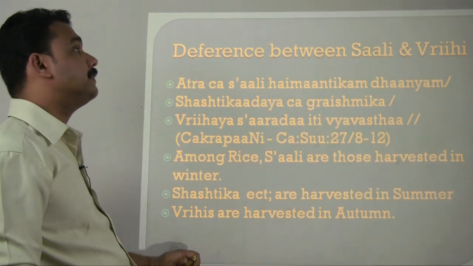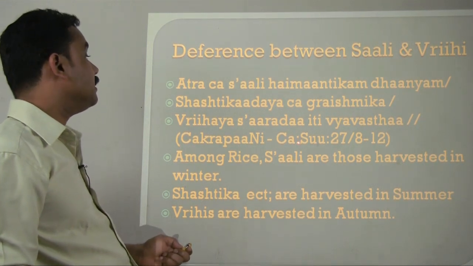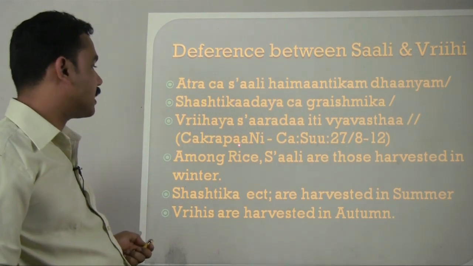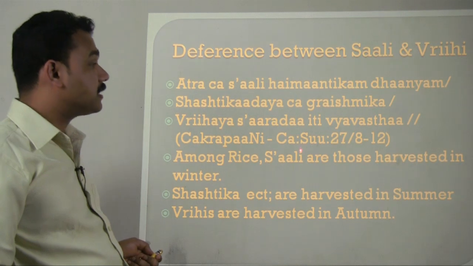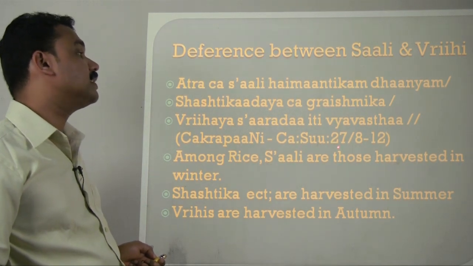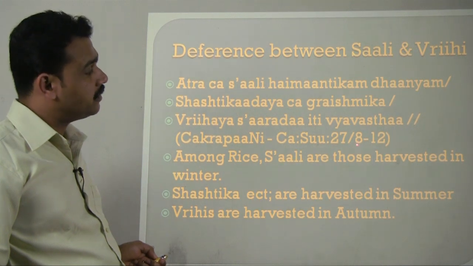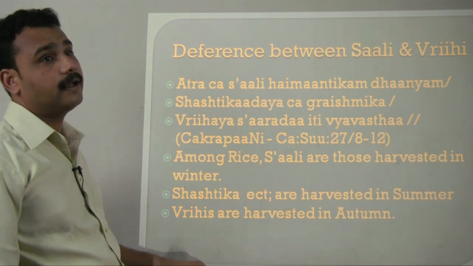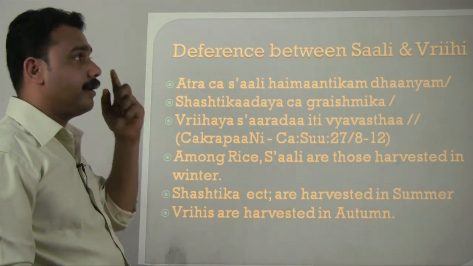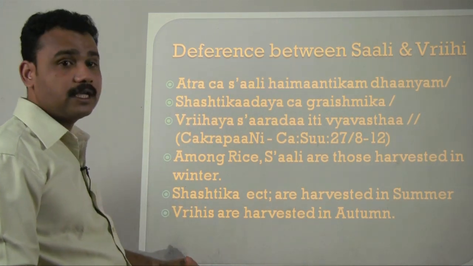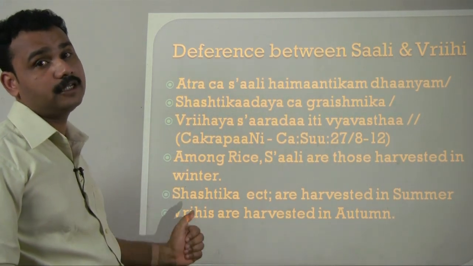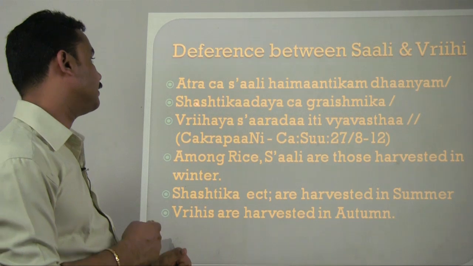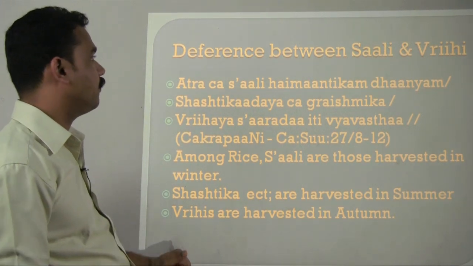But you find an interesting answer in Chakrapanidatta's Vyakhyana, his commentary on Charaka Samhita Sutrasthana 27th chapter, verses 8 to 12, where Chakrapanidatta, the most authentic commentator, comments on these verses. He answers the question of the difference between Shali and Vrihi. Let us look at the Sanskrit reference of his commentary.